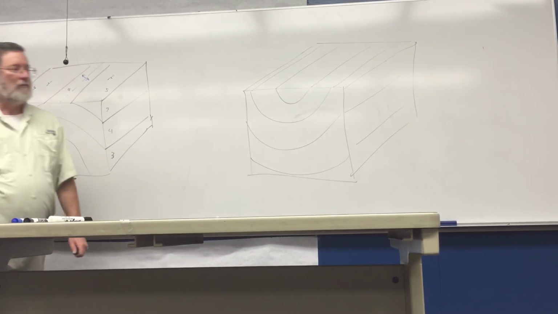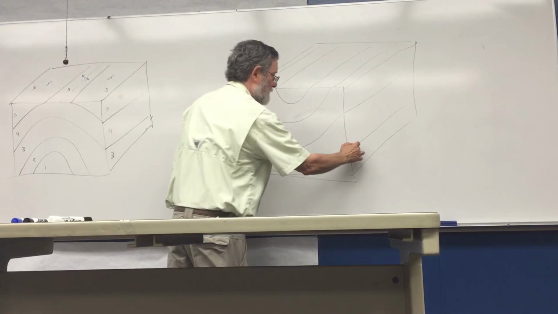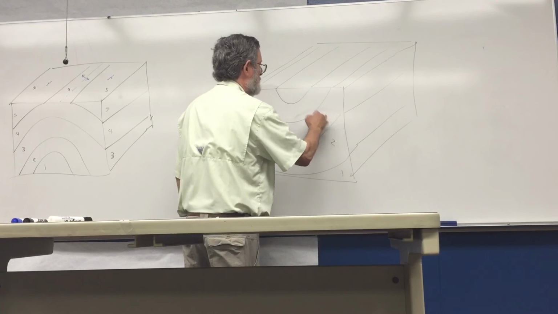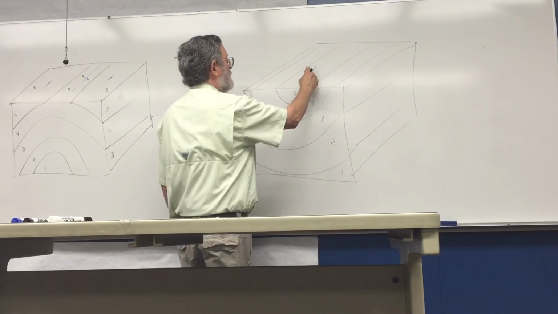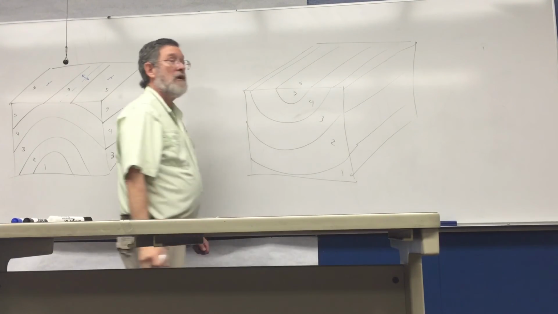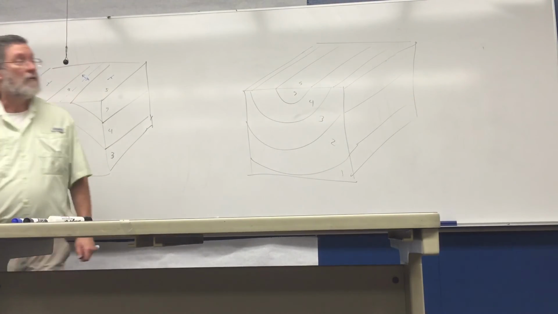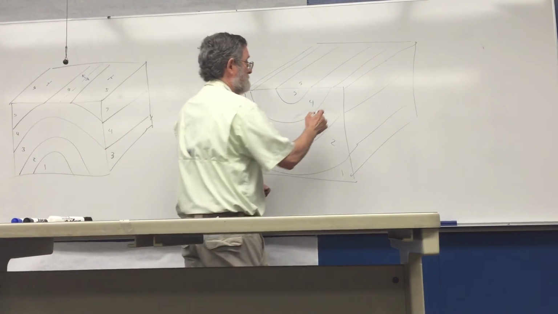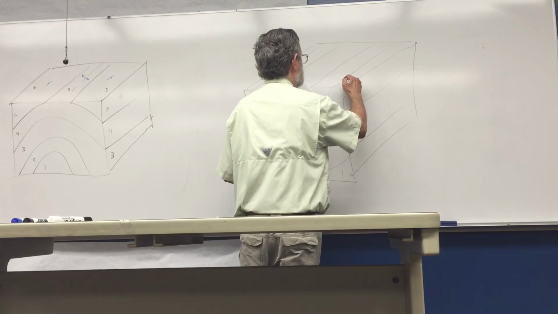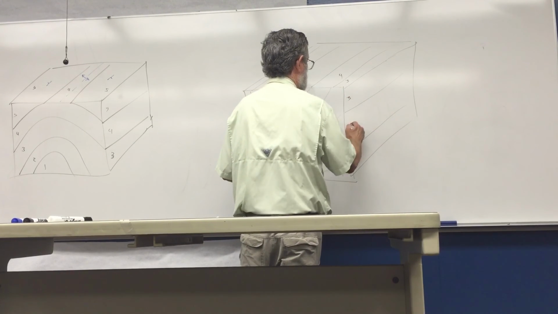Which is the oldest? The oldest is in here: 1, 2, 3, 4, 5. So 5 up here is the youngest, in the hinge zone of my syncline. So this one is 3, 4. This one is 3 here, 2, 1.